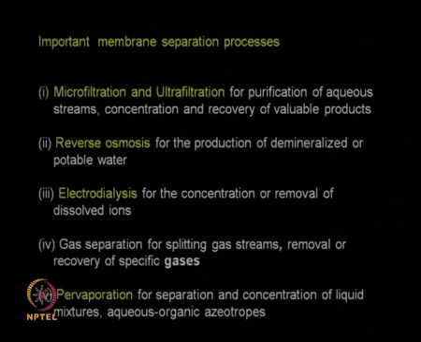So in that situation what do we do? Either you add another solvent which will break the azeotrope, so that you can purify ethanol, but that has a disadvantage, because you are adding another solvent which may be contaminating your system, or which is also adding to the cost. So here we use something called pervaporation.